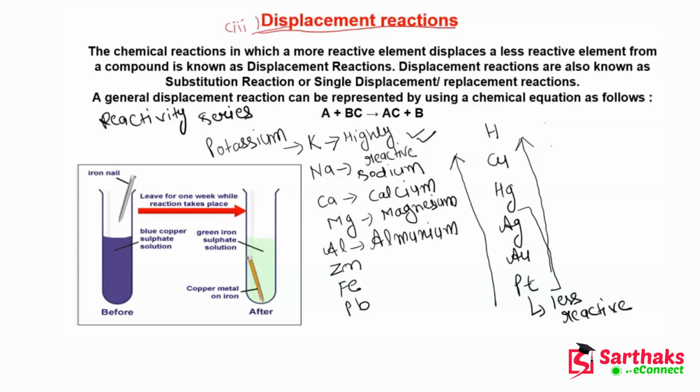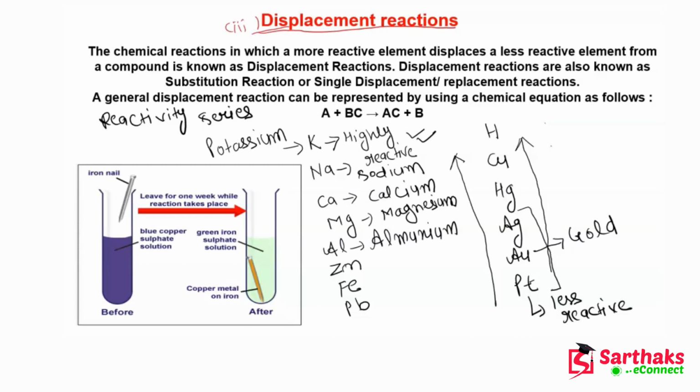That's why they don't react with other elements very soon. This Au is gold. So gold is found in its pure form. It doesn't react with anything very fast. I hope you now understand why gold is so precious.